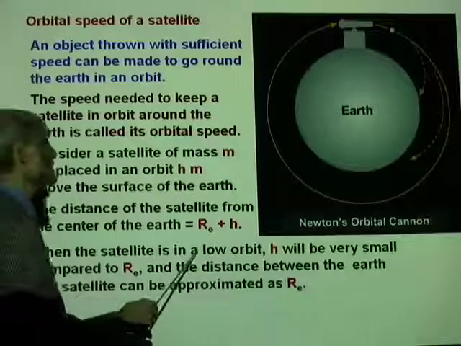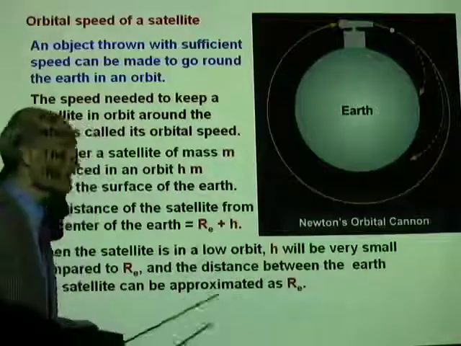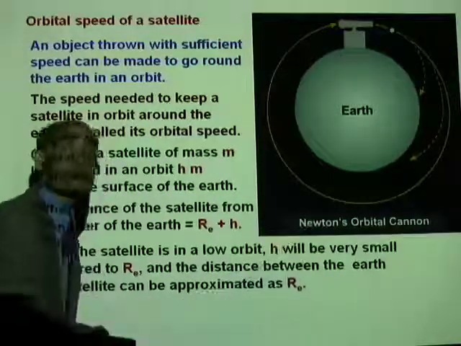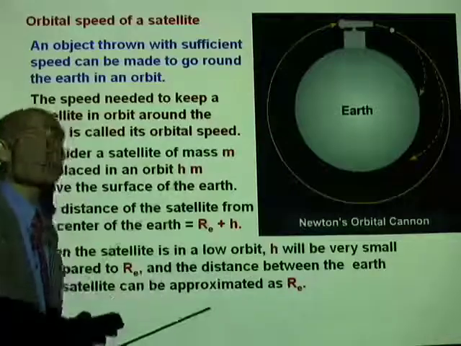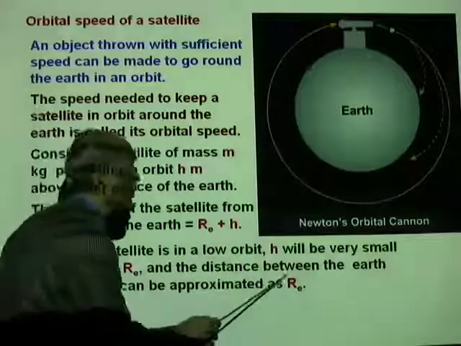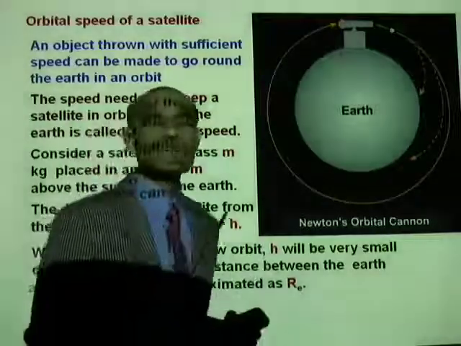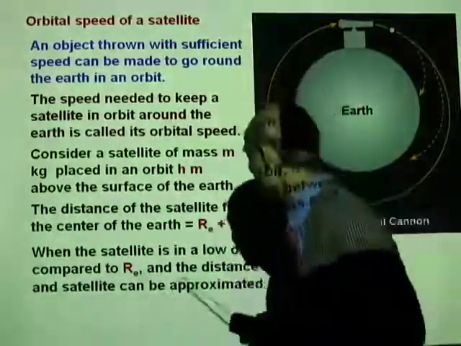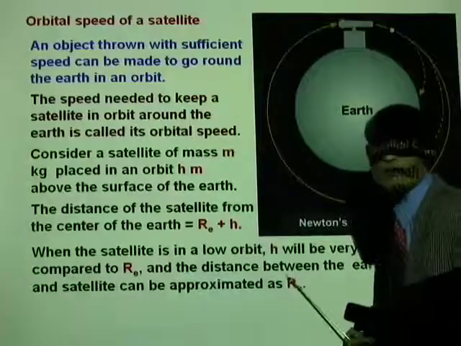When the satellite is in a low orbit, we're going to make an approximation here. This h will be very small compared to the radius of the Earth. And therefore, we are now going to say the distance of that satellite from the center of the Earth will be RE.